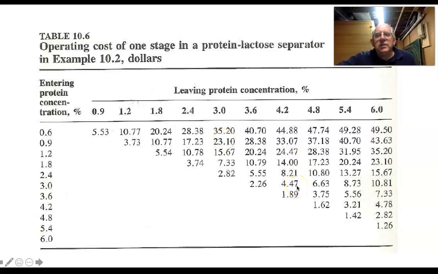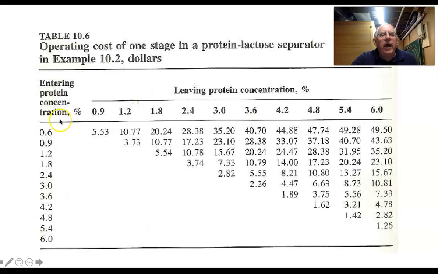And so this is the important table then. What this table tells us is the operating cost of one stage of the protein lactose separator system.